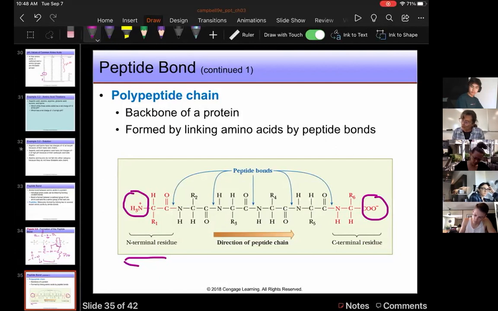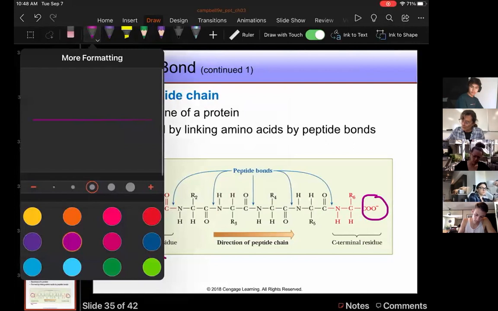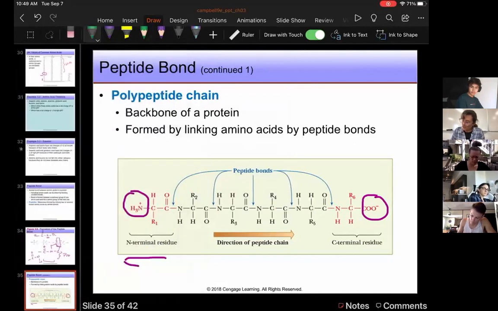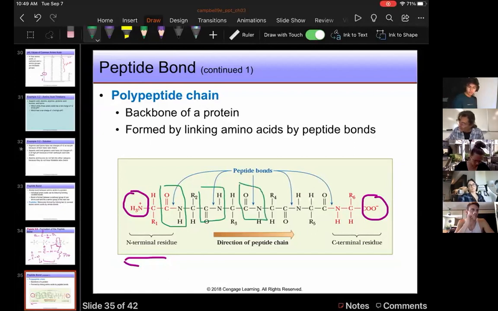Okay, so what I'll want you to do is be able to find all the peptide bonds and identify the sequence of the peptide. Right, so there is one peptide bond. There is another one. There's another one.